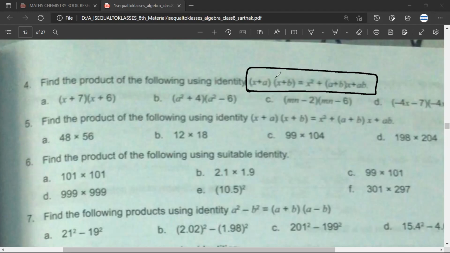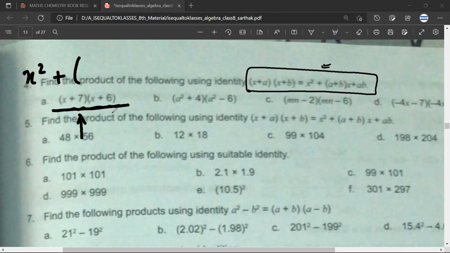So for example, if there is an identity like this, x plus 7 into x plus 6, you can use this expansion to do these kinds of questions. This can be written as x square plus a plus b x.